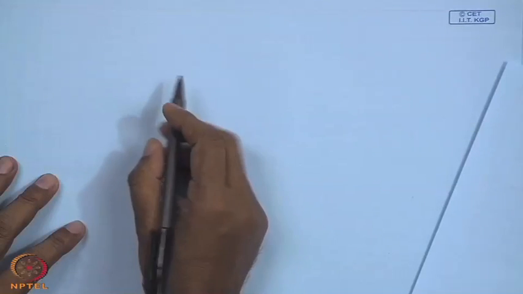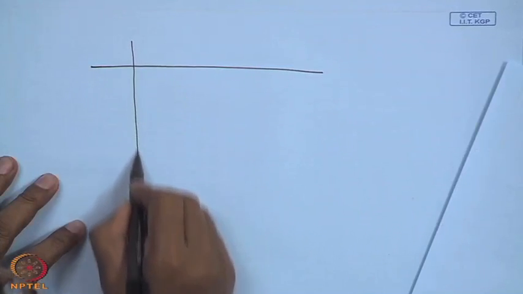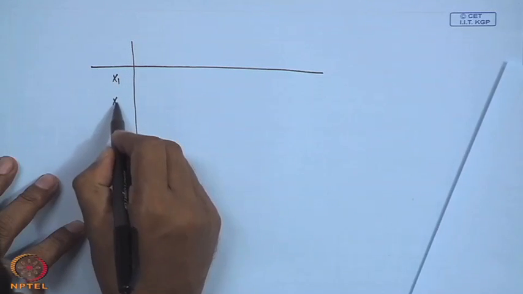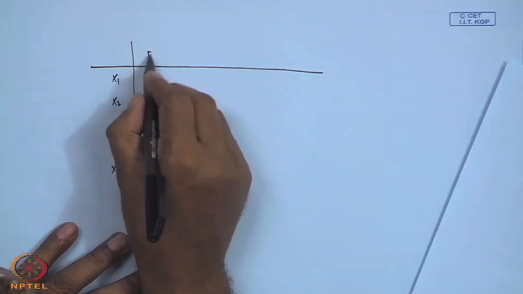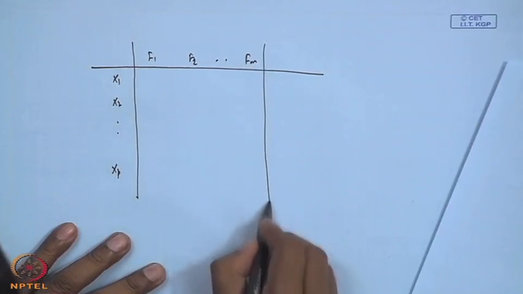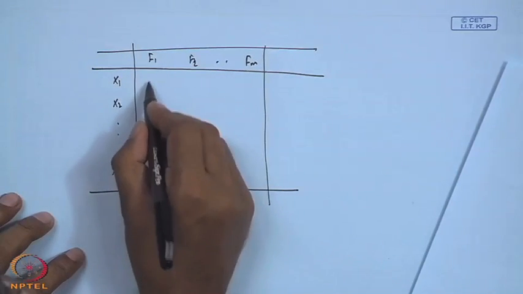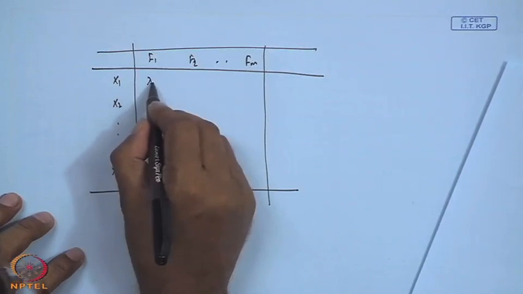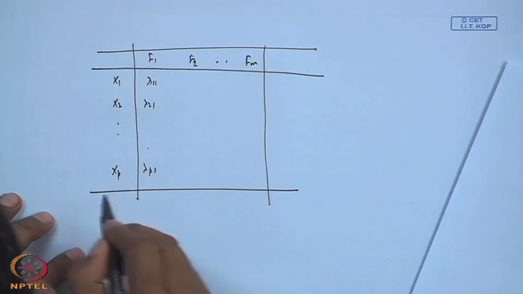So what I mean to say is that when you are doing factor analysis and finding out, suppose this is x1, x2, then xp, and f1, f2, like this fm, you will be getting lambda values here: lambda 1 1, lambda 1 2, like this up to lambda p1.